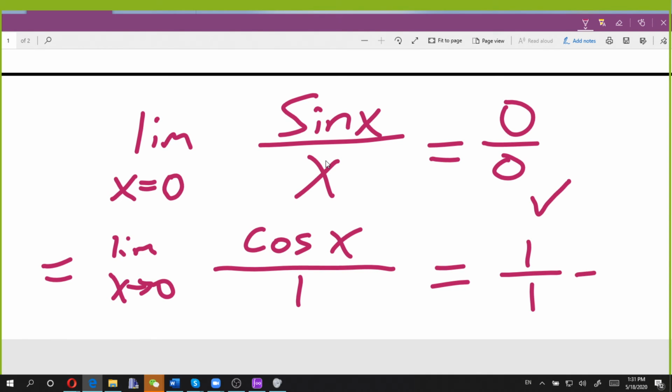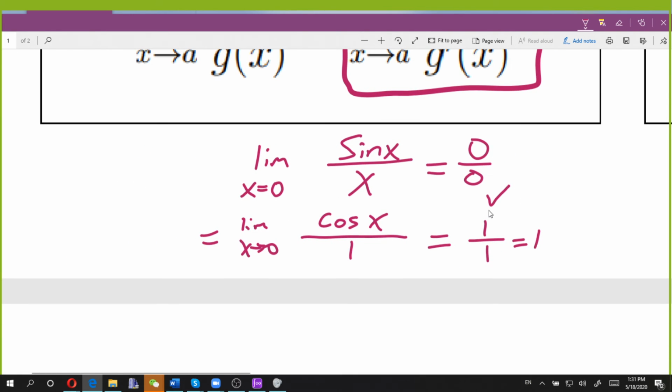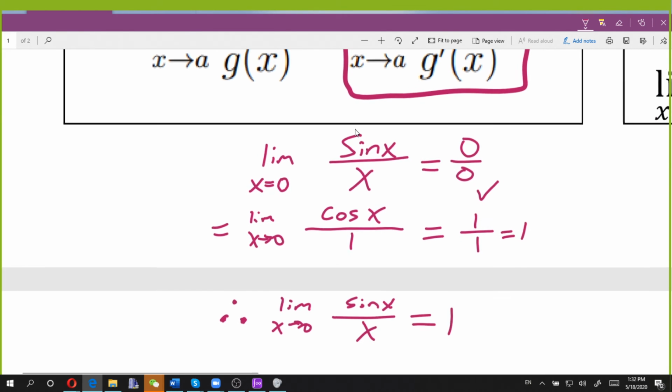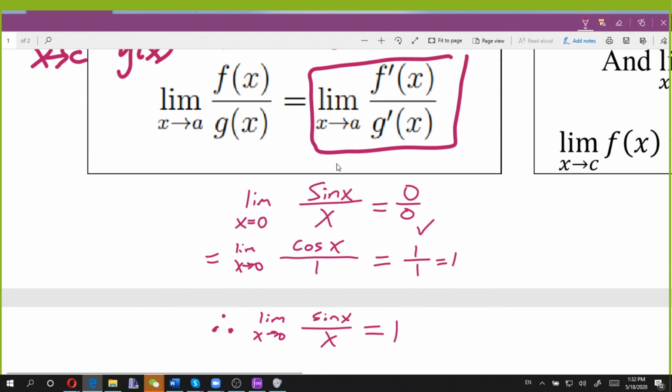So now I've got 1 divided by 1, or 1. Therefore, the limit as x approaches 0 of the sine of x over x is equal to 1. Okay, that's L'Hospital's rule. Sometimes it can be a shortcut for what would otherwise be a really long problem.